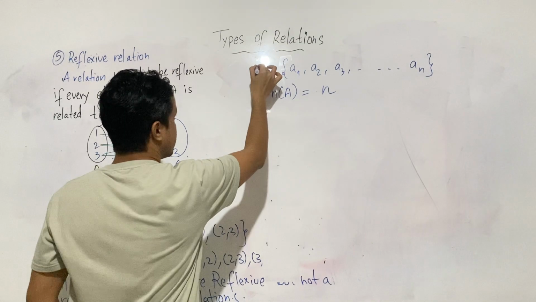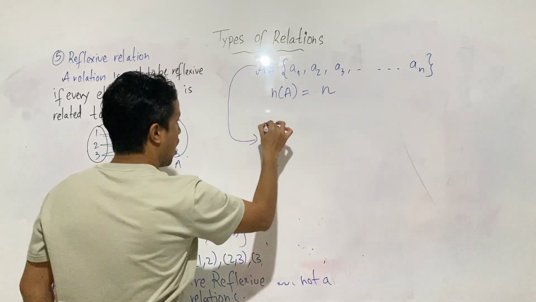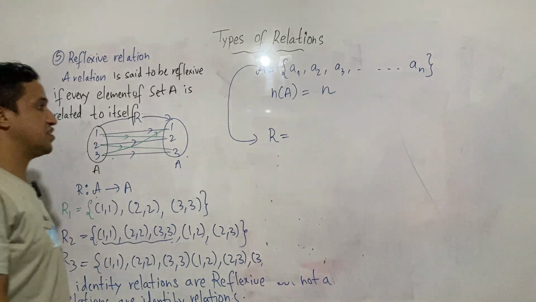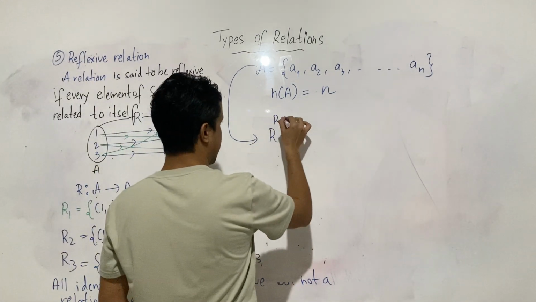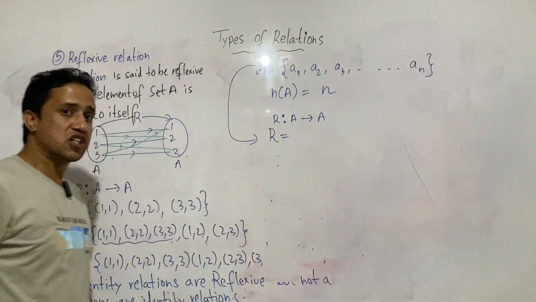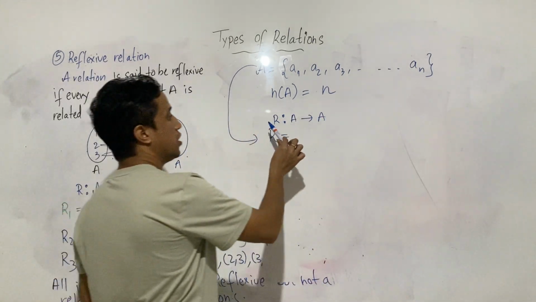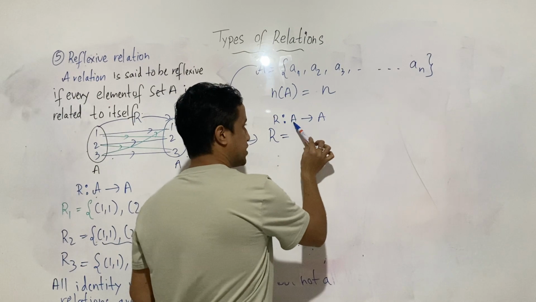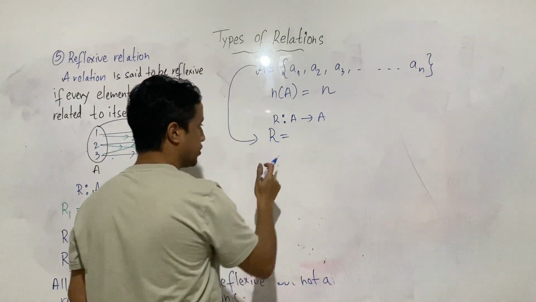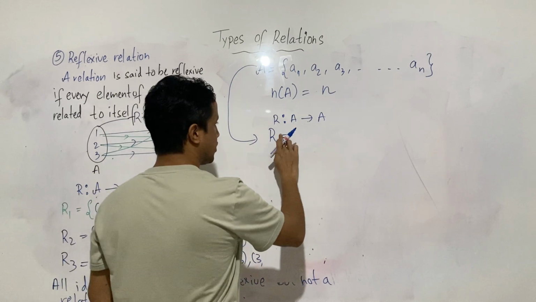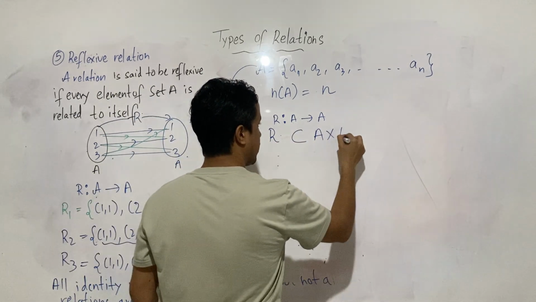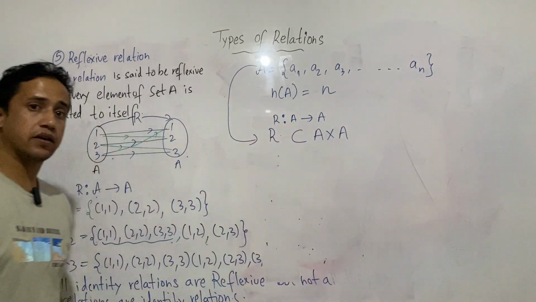Let's say that R is the reflexive relation that is defined from set A to set A. If R is a relation defined from set A to set A, it means this relation is going to be a subset of A Cartesian product A, right?